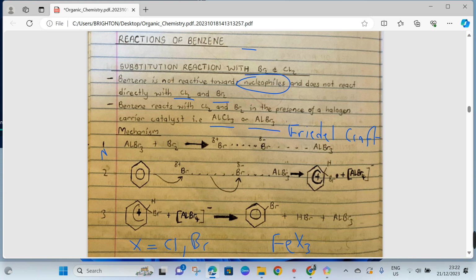So if the halogen in question that is reacting is Br2, the halogen carrier catalyst will have a Br3. If it is Cl2, it will have a Cl3 there. So now let's just go to the mechanism.